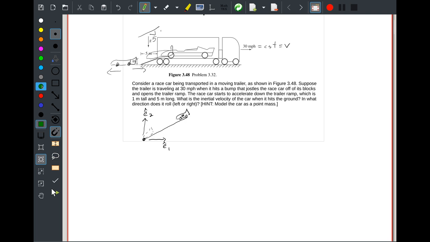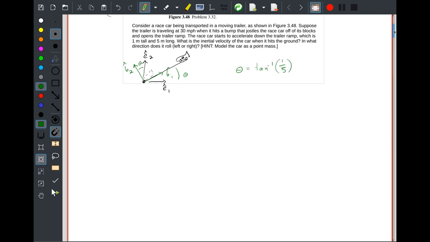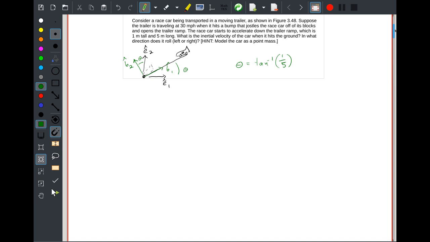Then I'll create another one, which I'll draw in green, which I'll call B1 and B2. And the angle between B1 and E1 is theta, and the same thing for E2 and B2. So B1, B2, that second coordinate system, is just rotated by this angle theta, and that theta is a tan inverse of 1/5.